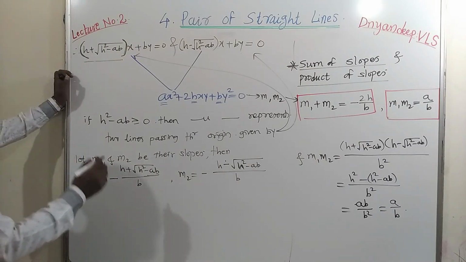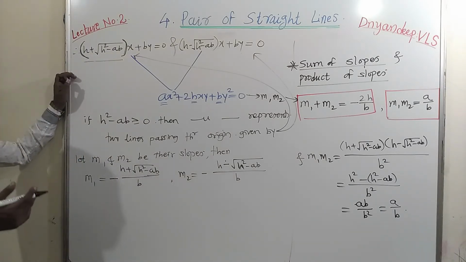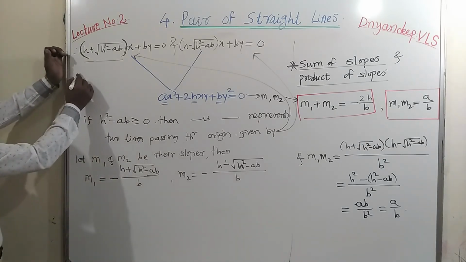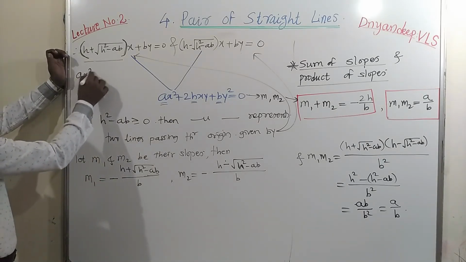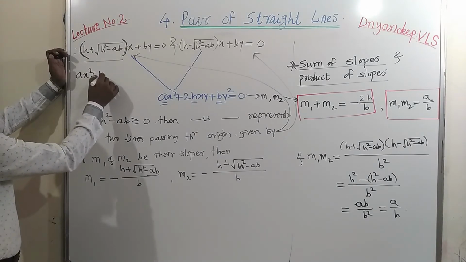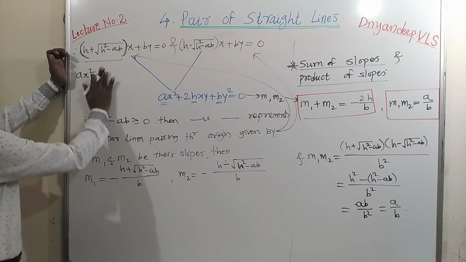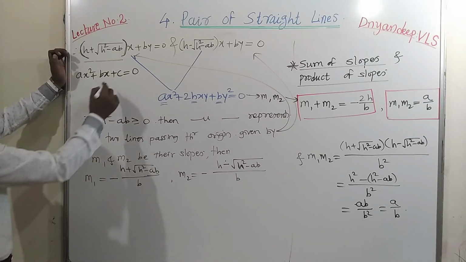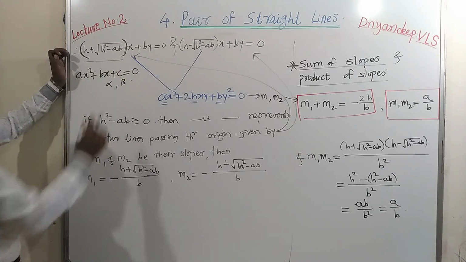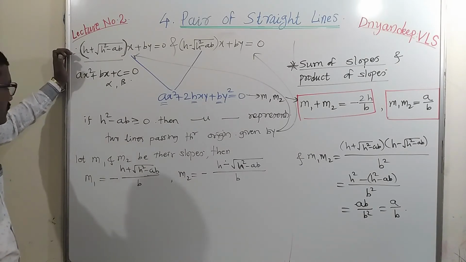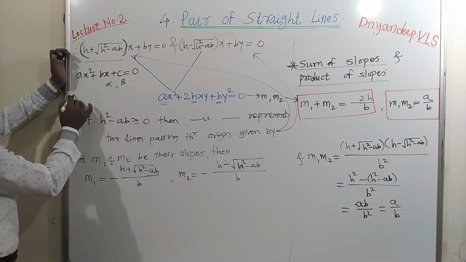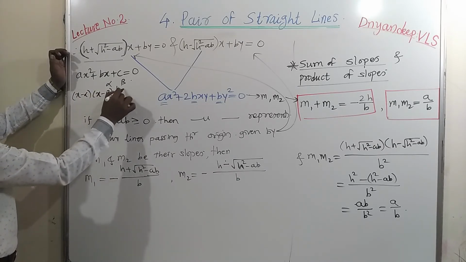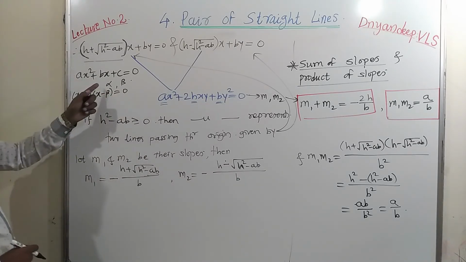Suppose we have learned the sum of roots of a quadratic equation, alpha and beta. Whenever the equation ax square plus bx plus c equal to 0 is given, and if alpha and beta are the roots of that equation, then obviously x minus alpha and x minus beta are the factors of that equation, because alpha and beta are roots.